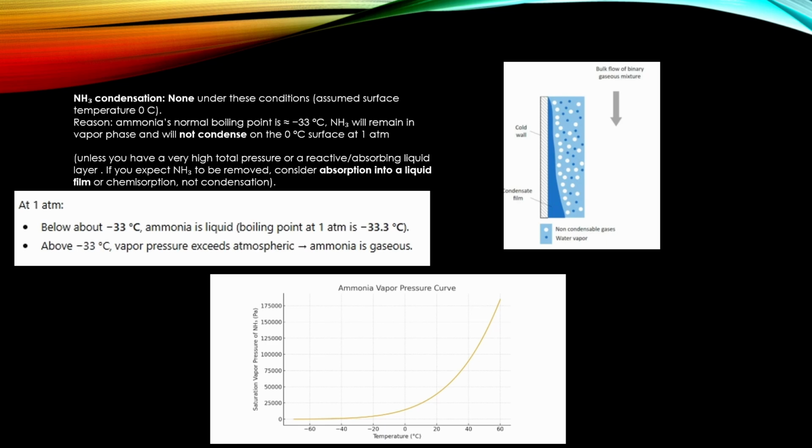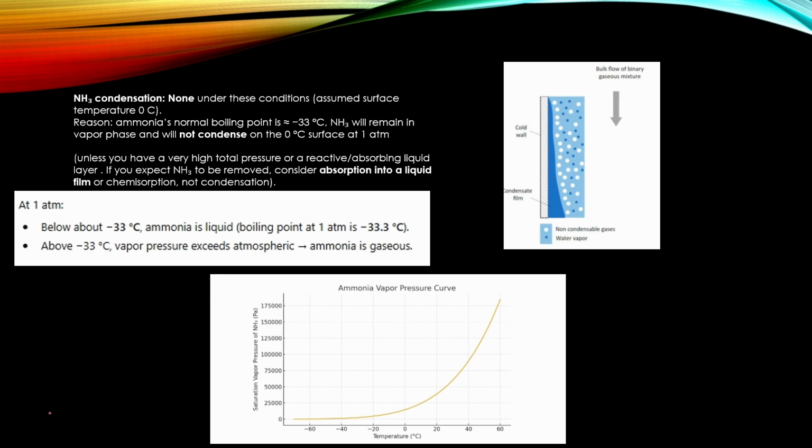Now when we have some ammonia in our gas mixture, we can ask how much ammonia is condensing. The answer is very simple: not at all. And the reason is that ammonia's normal boiling point is minus 33 degrees C. So in this case ammonia will remain in the vapor phase.